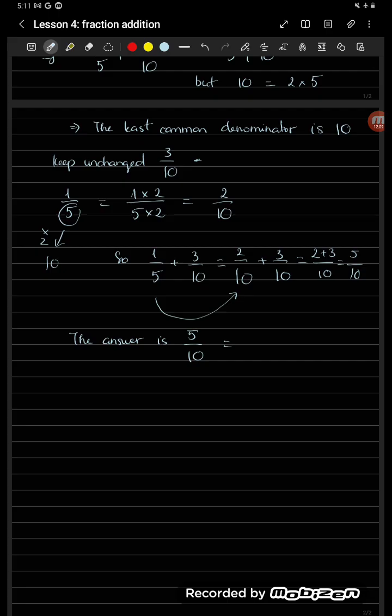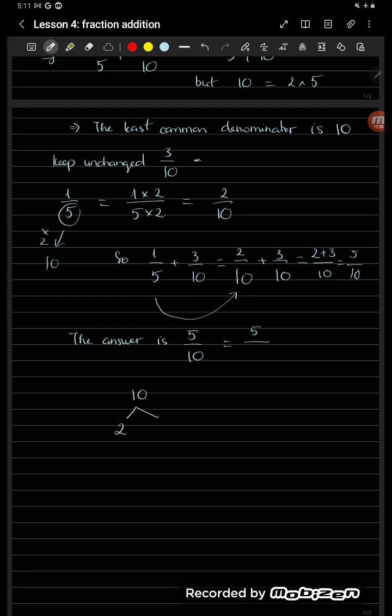It means we have to write the numbers as a product of prime numbers. In this case 5 is already a prime number, so we don't need to worry about it. We just worry about 10. 10 is not a prime number, so we have to write it as a product of prime numbers.